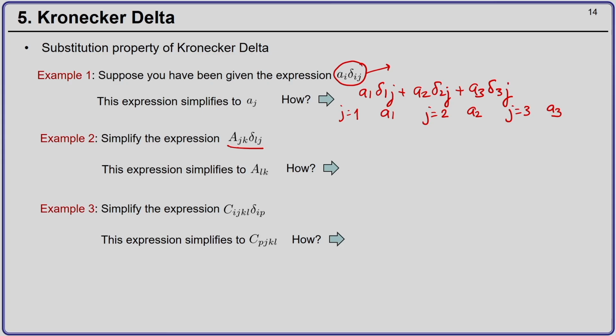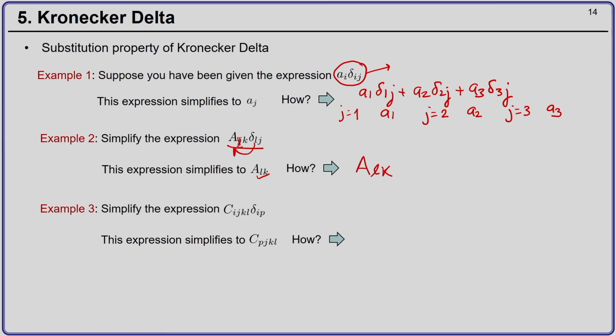So, this j from A will be taken out and l will take its place. The final expression will be Alk. So, this j will be taken out and then this l will go and substitute for that j, and then the Kronecker delta also goes away.